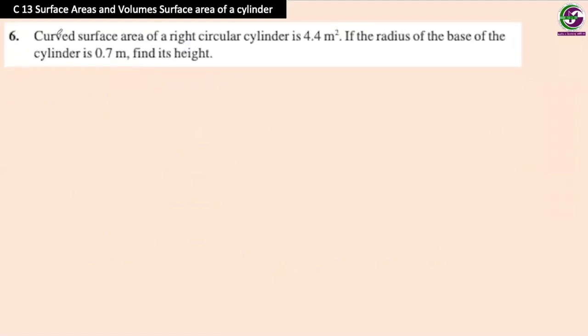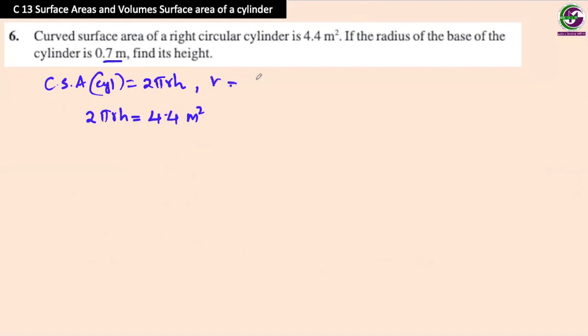Question 6 now. Curved surface area of a right circular cylinder is 4.4. We know curved surface area of a cylinder is 2 pi rh, and they gave us 2 pi rh is equal to 4.4 meters. If the radius of the base of the cylinder is 0.7, so we have radius is 0.7 meters. Find the height.